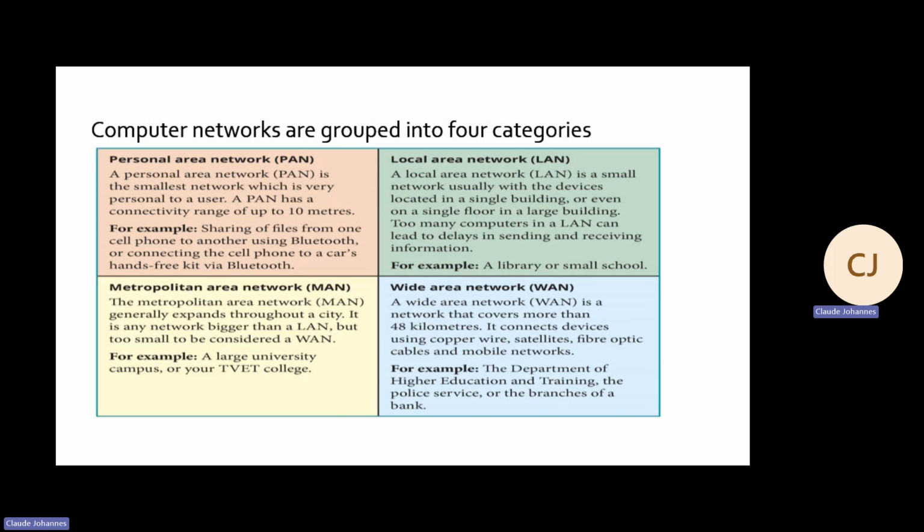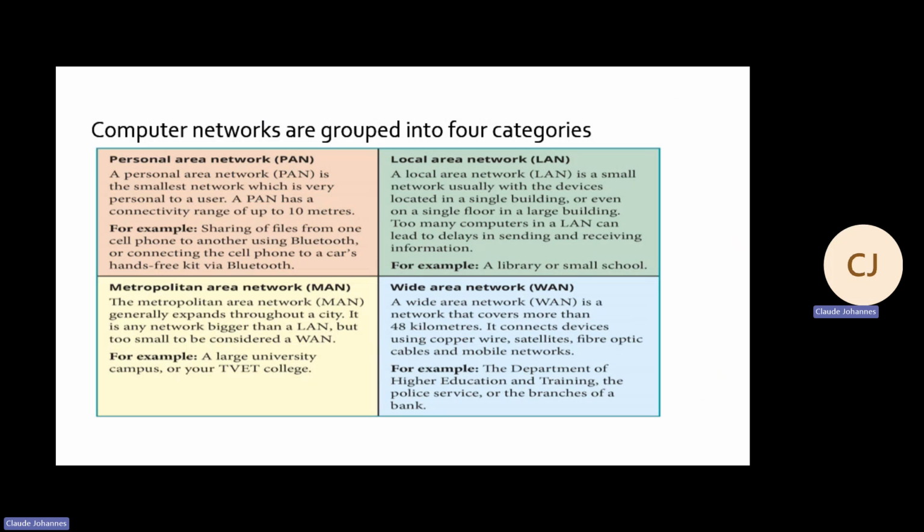Computer networks are grouped in four categories. So firstly, you get PAN, which is a personal area network. Secondly, you get LAN, which is a local area network. Then you get MAN, the metropolitan area network. And then lastly, there's wide area network. So what does this mean?